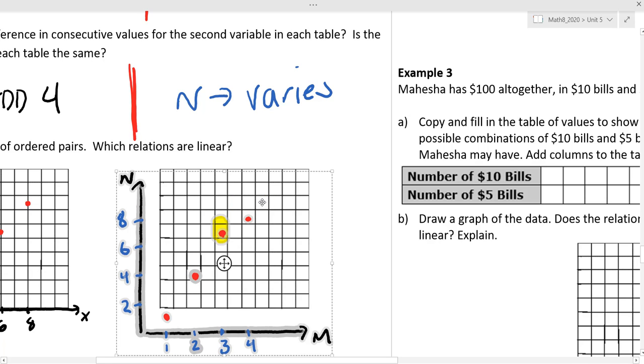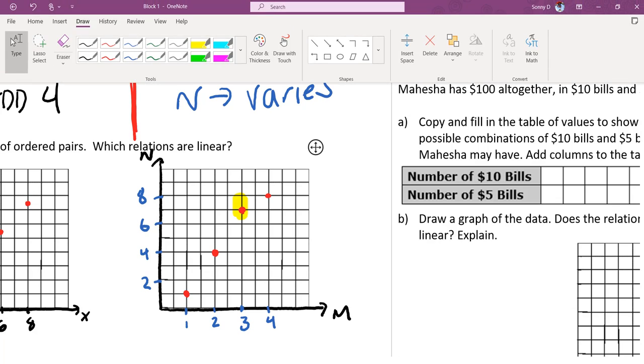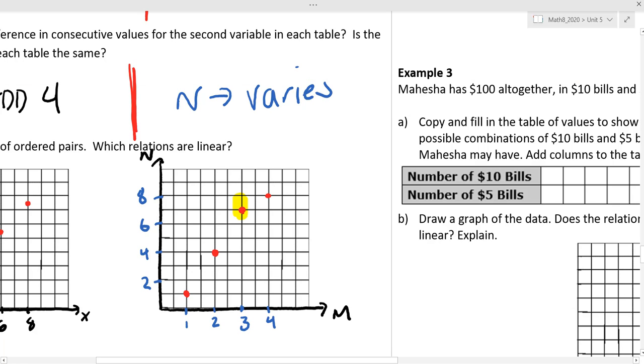If I try to draw a line here, there's no way I can get all the dots on a single line.